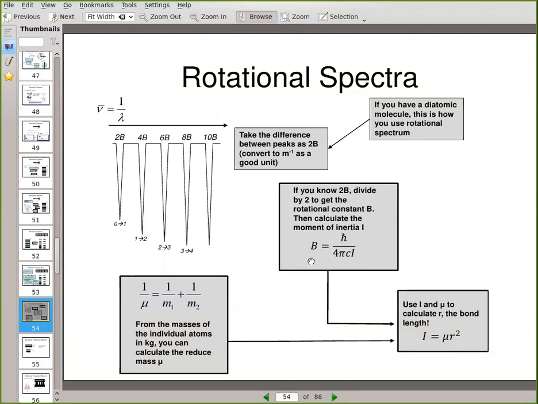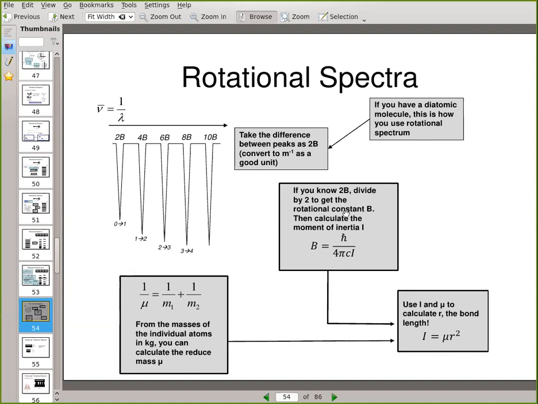Now we just need to know how to relate B to the moment of inertia. The way we relate B to the moment of inertia is through all these constants. So if you've got B, which we can get from the rotational spectra, we can calculate the moment of inertia. But of course, we know the moment of inertia for a diatomic system to be mu r squared.